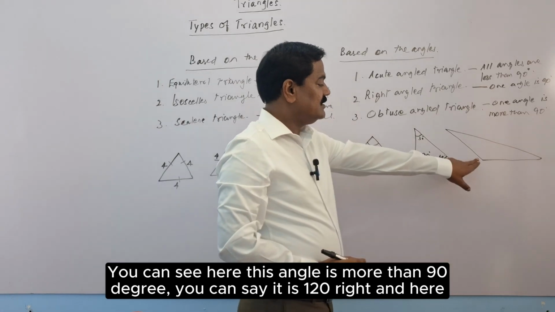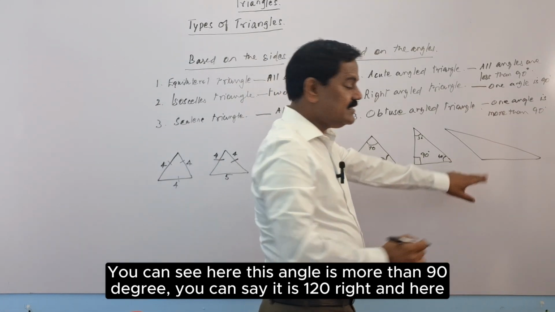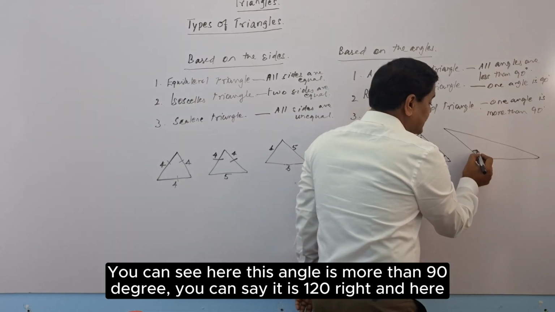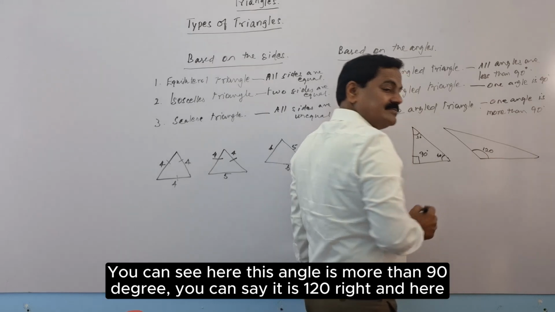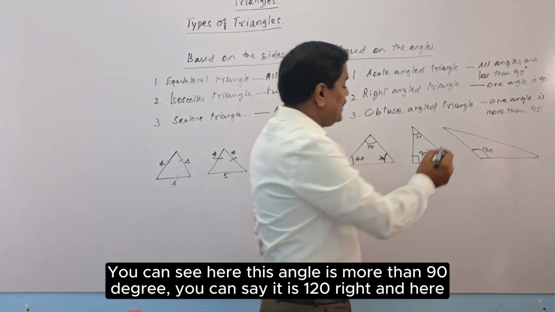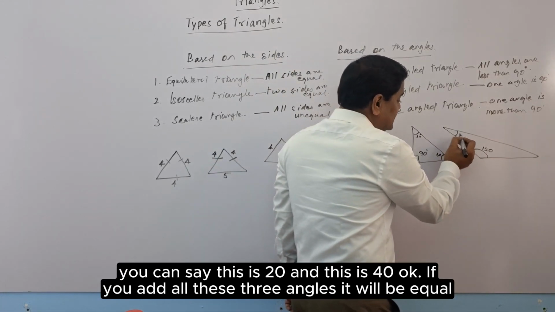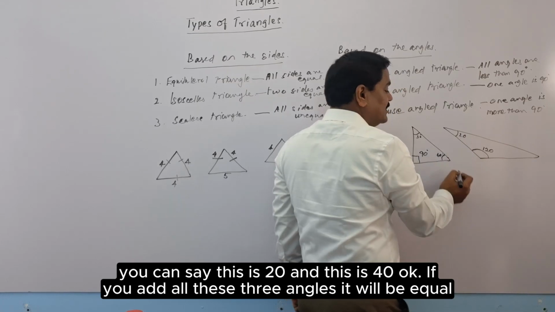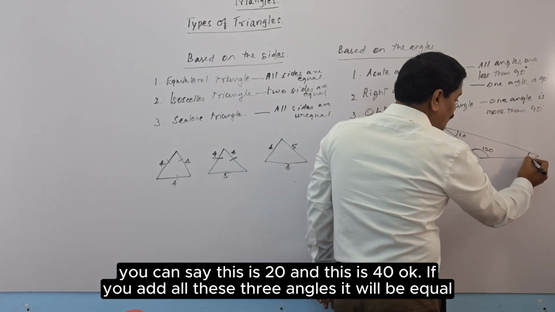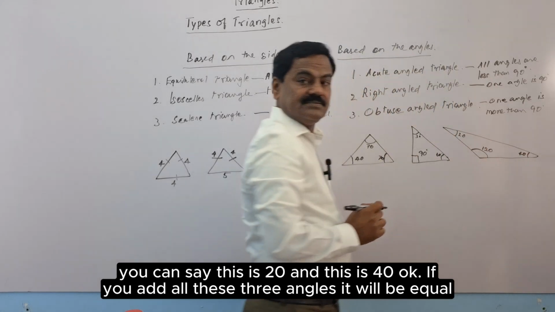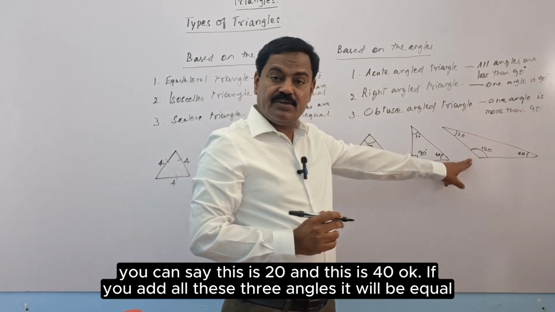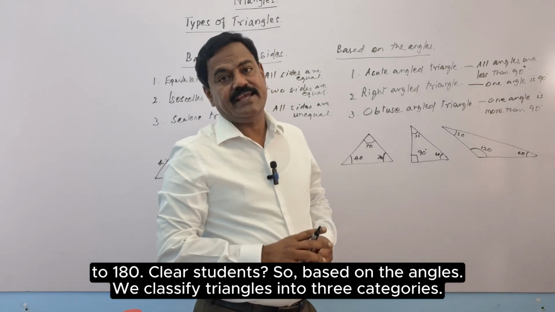You can see here this angle is more than 90 degree. You can say it is 120, right? And here you can say this is 20 and this is 40. Okay, if you add all these three angles, it will be equal to 180.